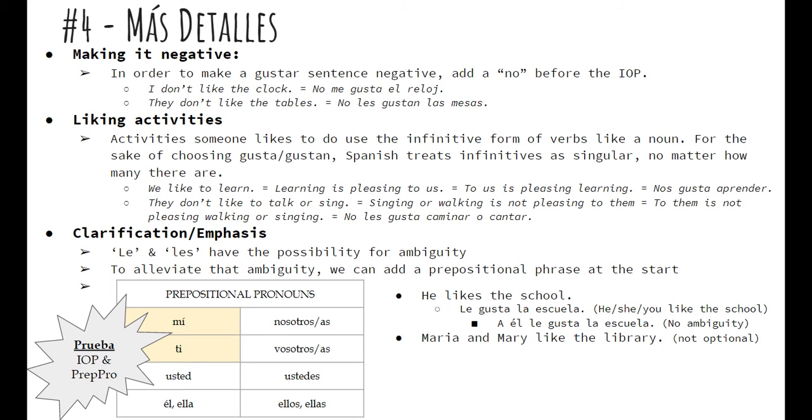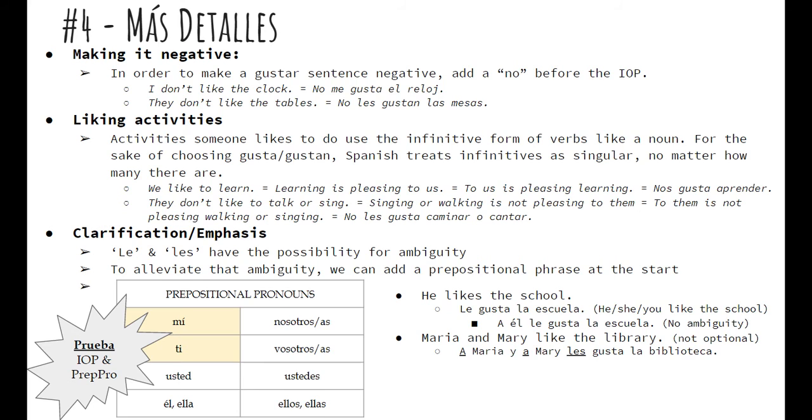Now we have Maria and Mary like the library. Now here we have names, not just indirect object pronouns or direct or subject pronouns. We have names here. It's not going to be optional about clarifying. These names are going to be in those clarification prepositional phrases. So instead of using the prepositional pronouns, you'll use the names. It looks like this.